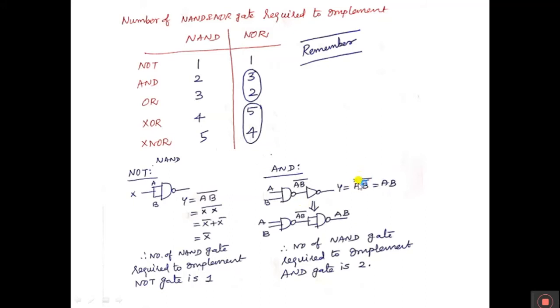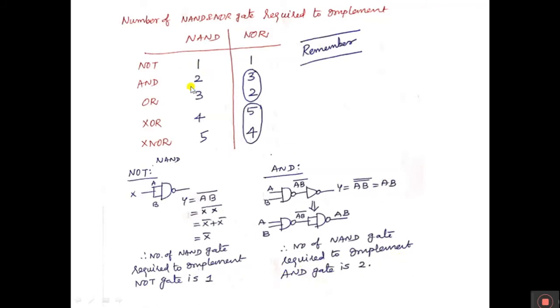These two complements cancel, and I can write AB. Here the NOT gate is designed using only one NAND gate, so I replace it with a single NAND gate. The same output AB is obtained from the inputs A and B. So the number of NAND gates required to implement an AND gate is 2.